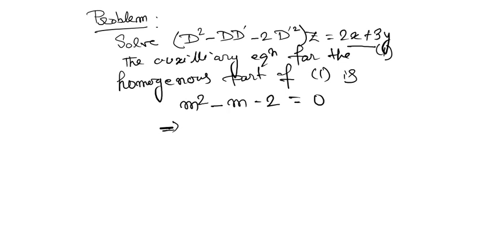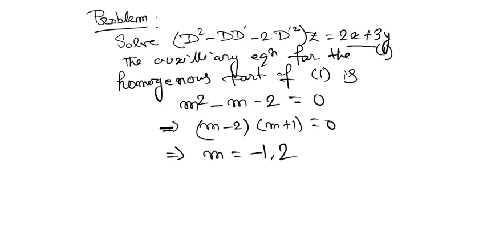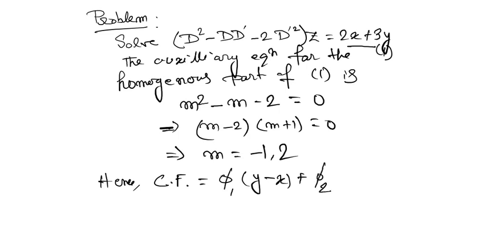If you solve this, let us factorize, that will be m minus 2 into m plus 1 equal to 0. So your m is nothing but minus 1 and 2. Hence the complementary function c dot f dot is nothing but phi 1 of y minus x plus phi 2 of y plus 2x. These phi 1 and phi 2 are arbitrary functions. So this part is already known to us.